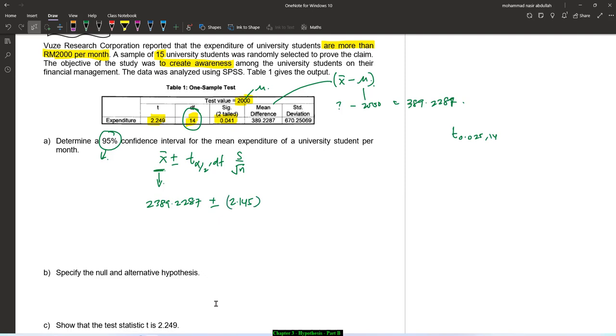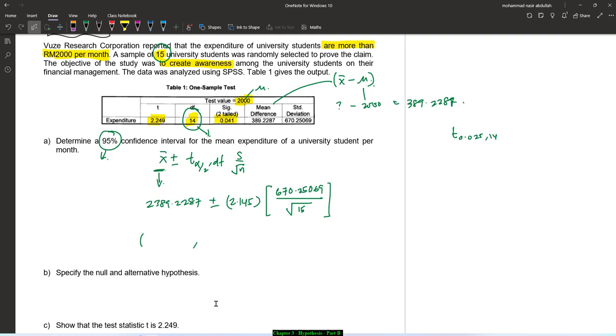And this is a standard deviation. We want a standard error. So this one should be 670.25069 divided by square root of 15. Where do we get 15? We know the degree of freedom is 14 and it already says 15 here.